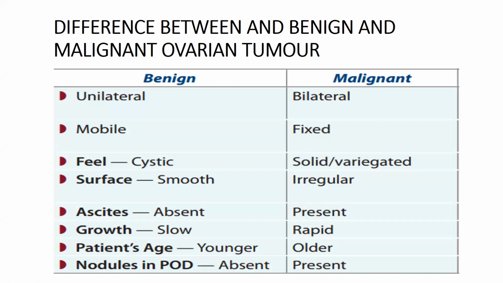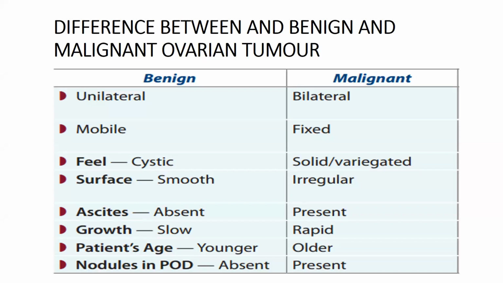Benign tumors will have a cystic feel, whereas malignant tumors will have a solid or variegated feel. The surface of benign ovarian tumors will be smooth, whereas in malignant it will be irregular. Ascites will be absent in benign ovarian tumors. It will be present in malignant ovarian tumors.